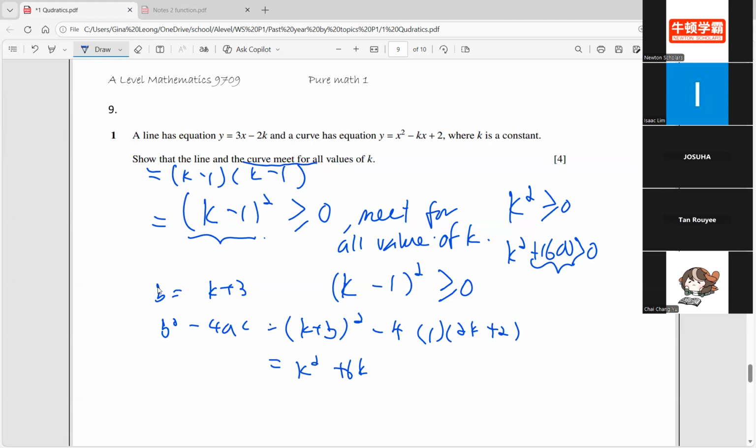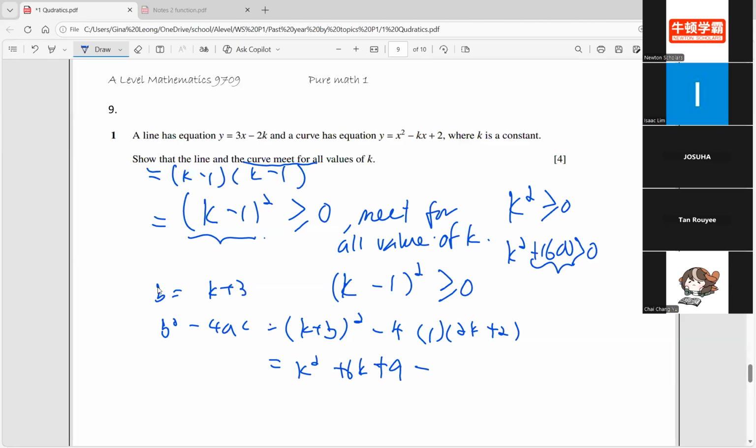My final equation is k squared plus 2k plus 1. Okay, you check my answer here. I'm not finished yet, actually. Let me finish first.